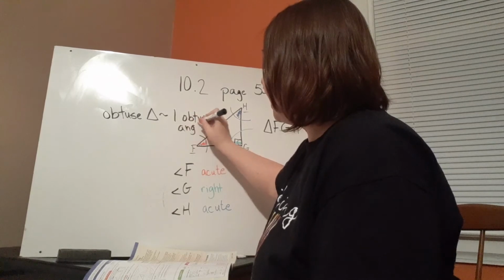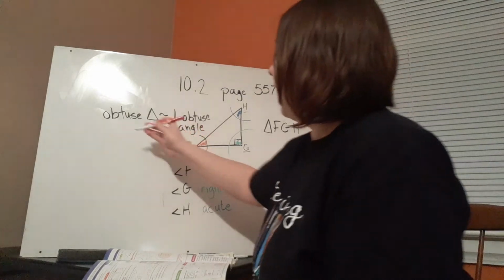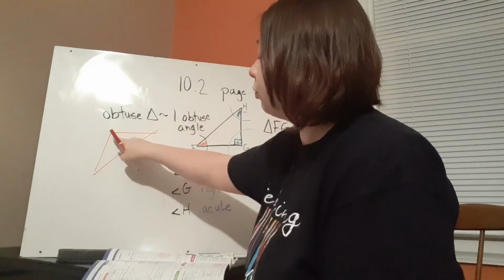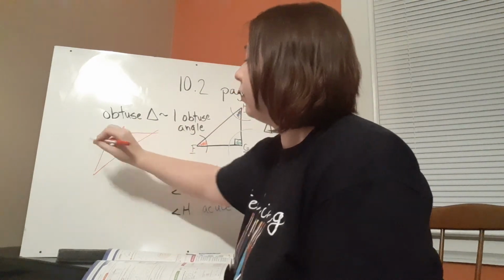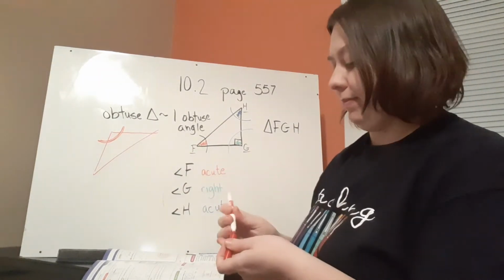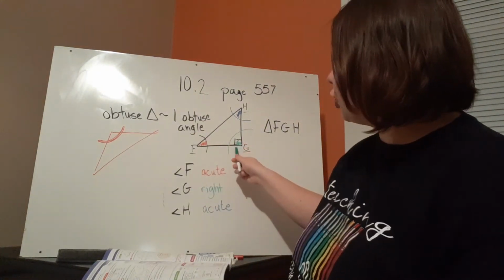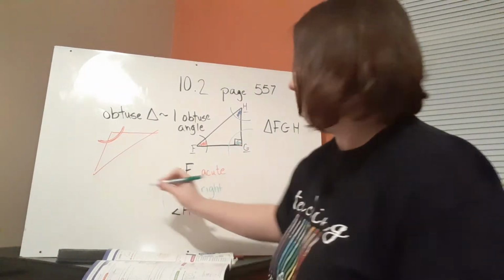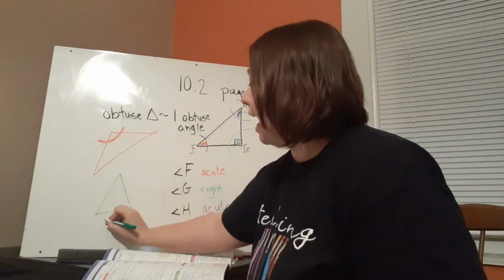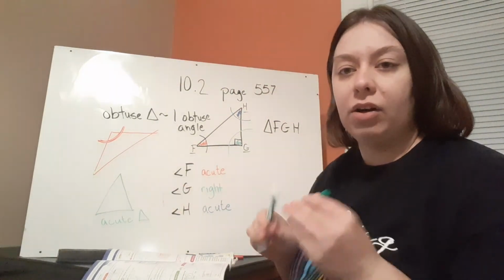So if you see a triangle, I'm going to draw an example up here. If I have a triangle that has this one really big vertex, this has to be an obtuse triangle. Now again, help yourself. If I still see a triangle without that corner, but then I don't see one of these really big angles, I know I have to be looking at an acute triangle.